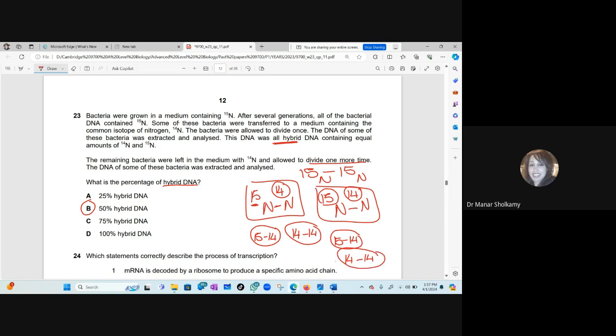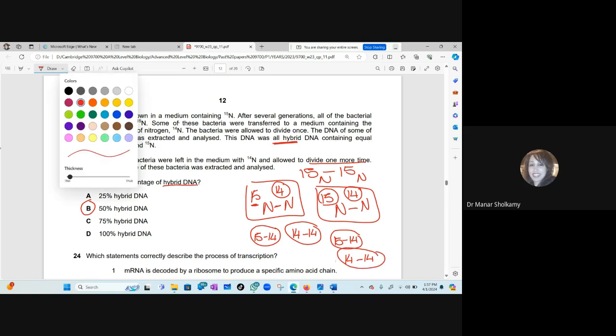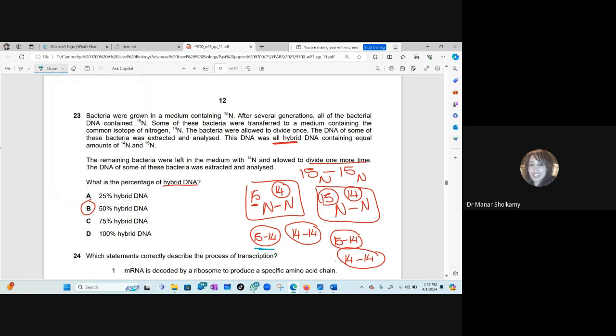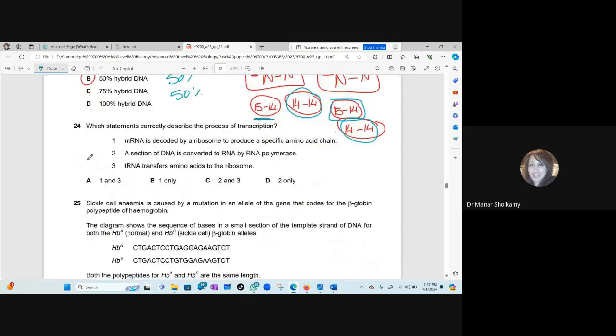And they want you to know the percentage of the hybrid, not the mix. Let's look at the hybrid. This is one hybrid, this is one hybrid, and the other two are 100% light. So I have 50% hybrid DNA and 50% light DNA. Do you see that? Yes, I understand. Okay, very good.